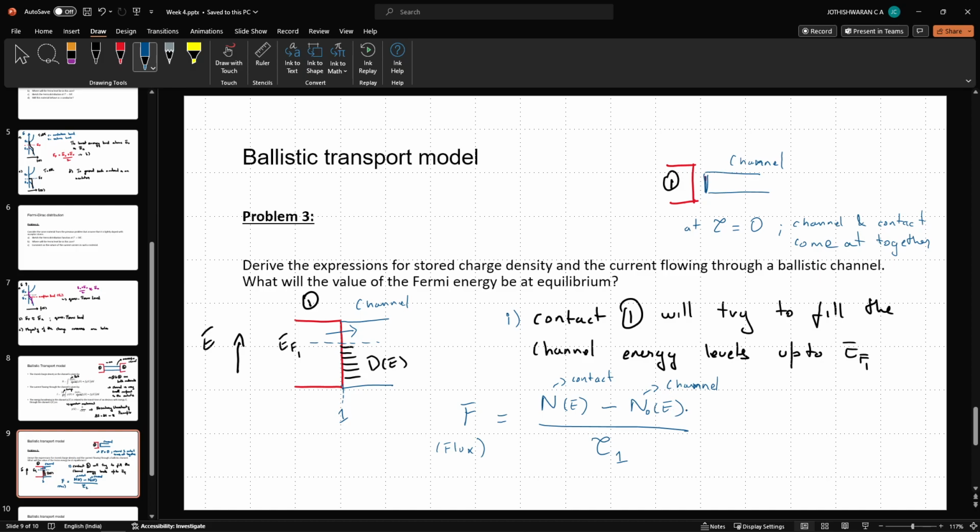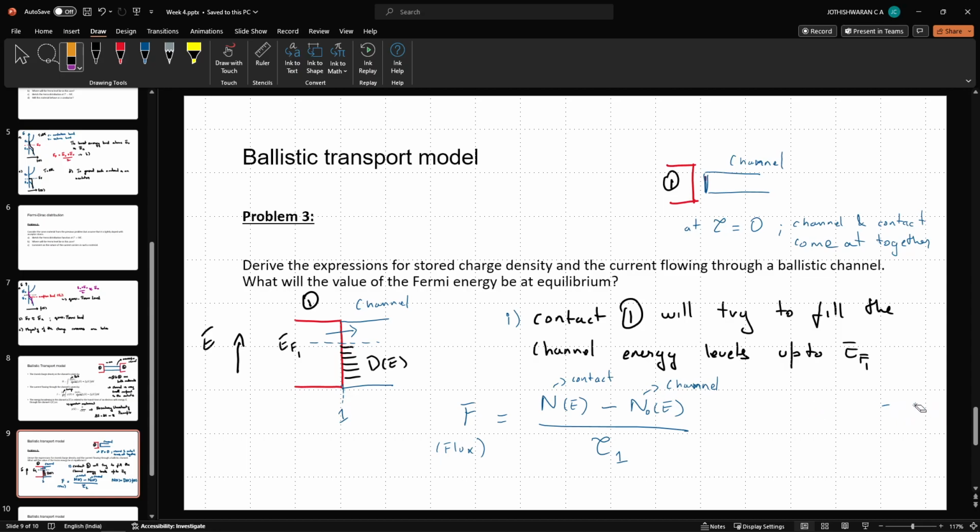As the time keeps increasing, these two quantities will come closer and closer, and at a certain total time, we will assume that contact 1 is able to completely fill all the energy levels up to EF1 in the channel. Now N of E is given by D of E F of E. Technically speaking, I should not write it like this.